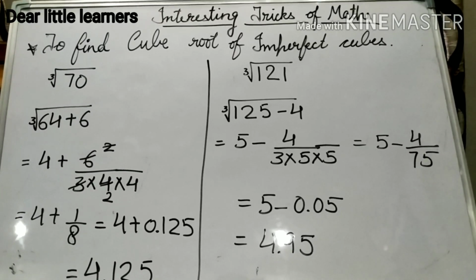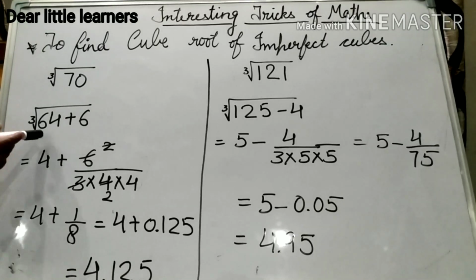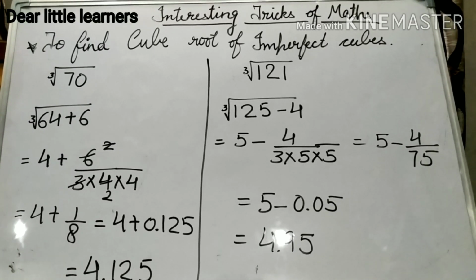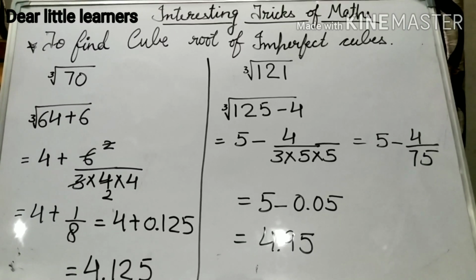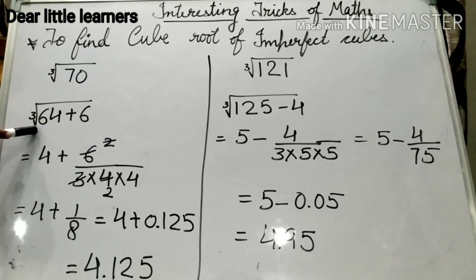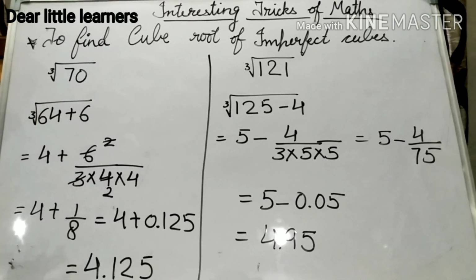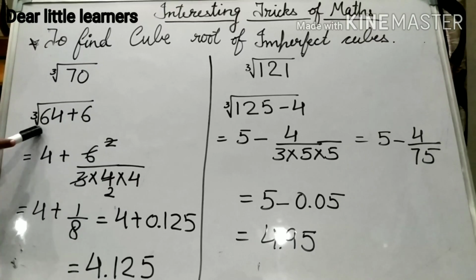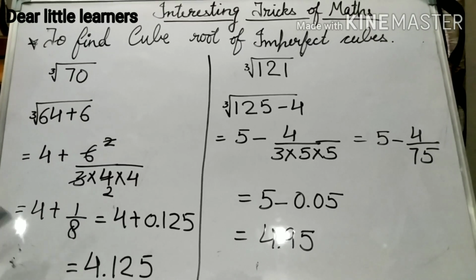So for that, children, I have taken 64. Why? Because 64 is the cube of 4. 4 4s are 16 and 16 4s are 64. So 64 plus 6, we can write this also, 64 plus 6 is 70. There is no problem in writing. And when we find out the cube root of 64, we have got 4 here.